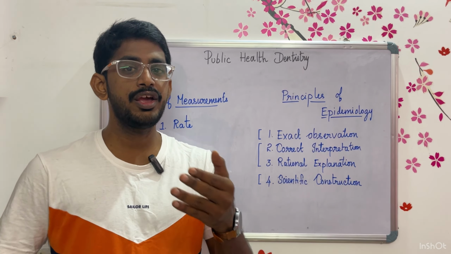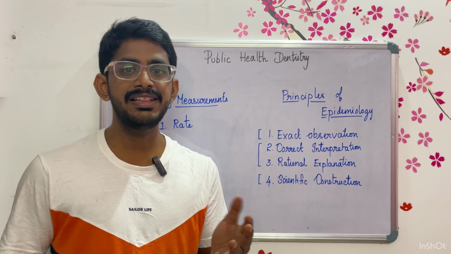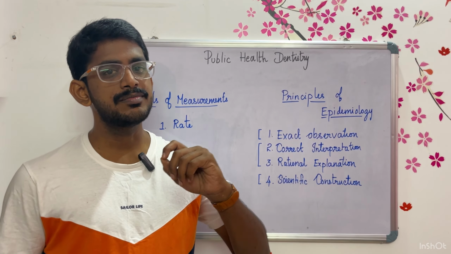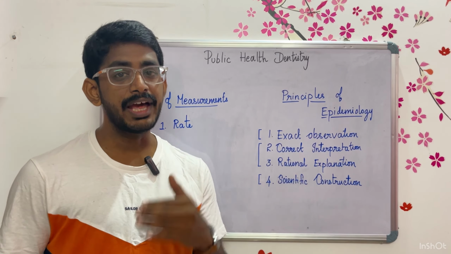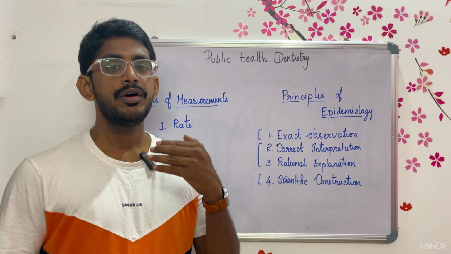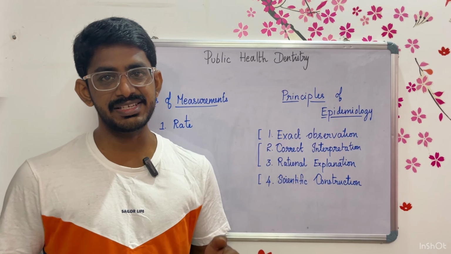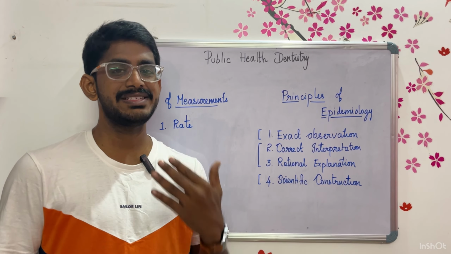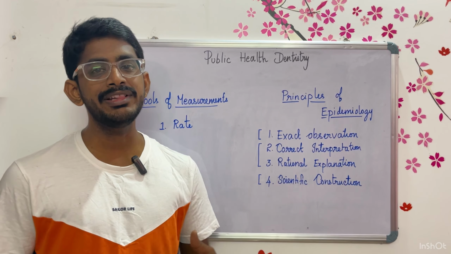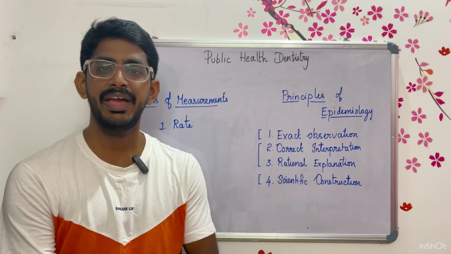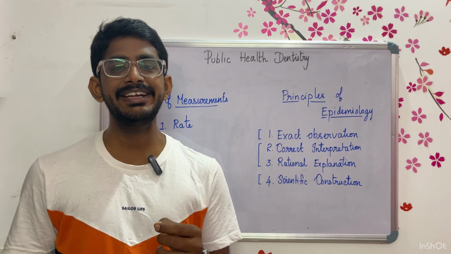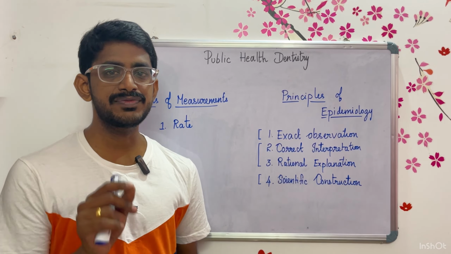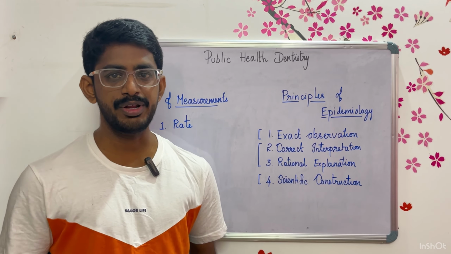So you precisely observe and see that yes, the death rate is more in COVID among people who are elderly. In that too, people who are having other uncontrolled comorbid diseases are dying more often than other elders and other age groups. So you observe this accurately and you interpret it accurately. So this forms the first two principles of epidemiology.